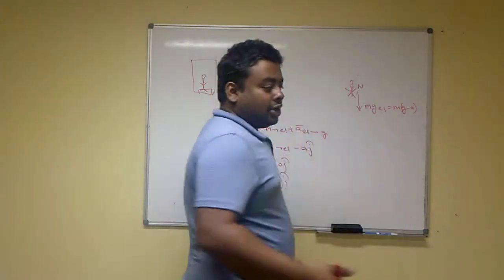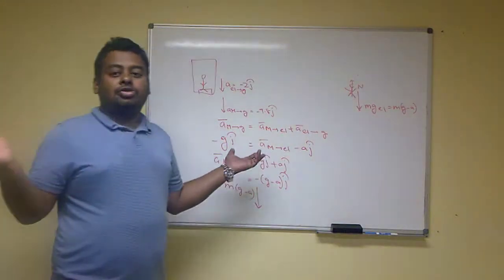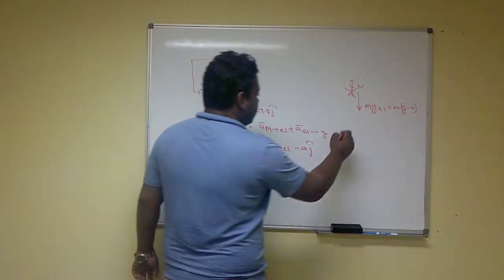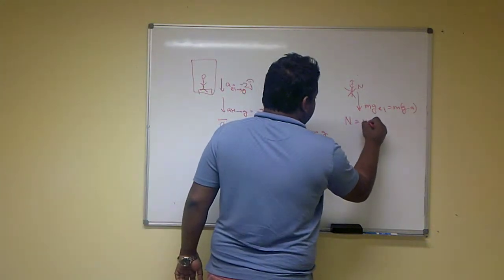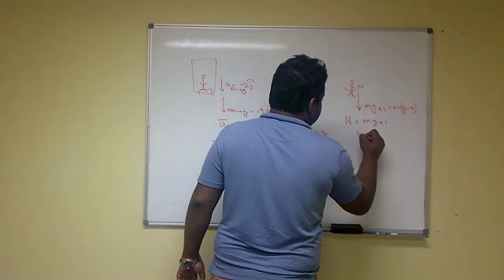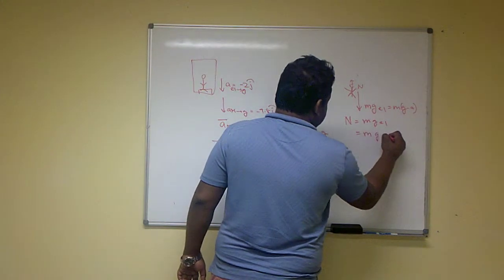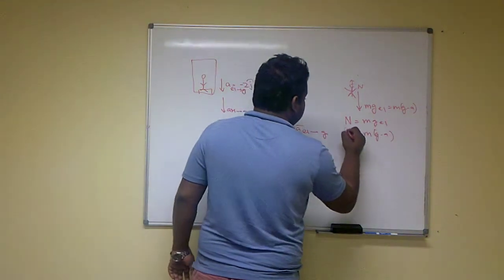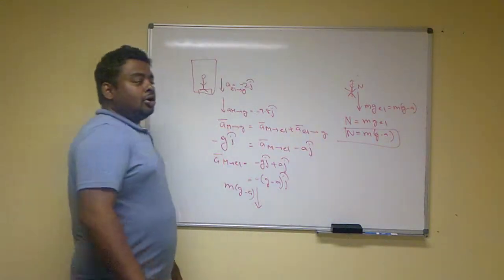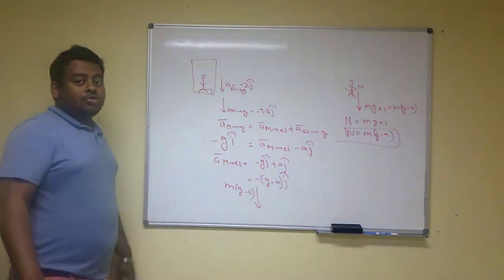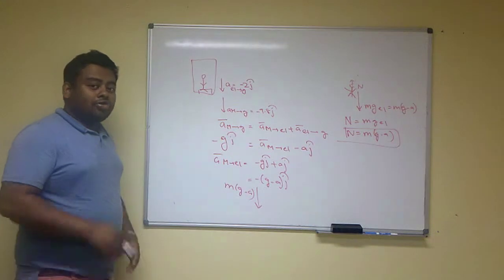Now, since in the elevator frame of reference the elevator is not moving at all, your N is going to be m times (g minus a).